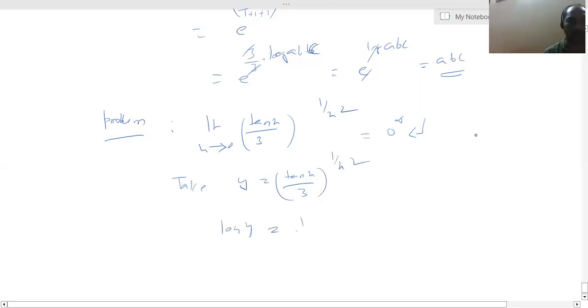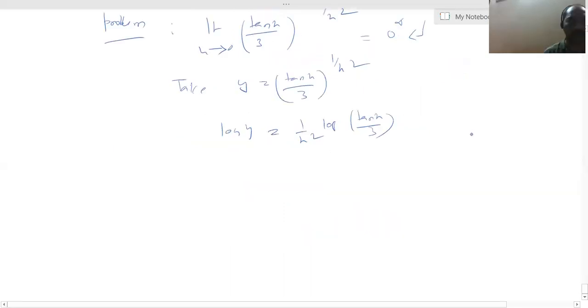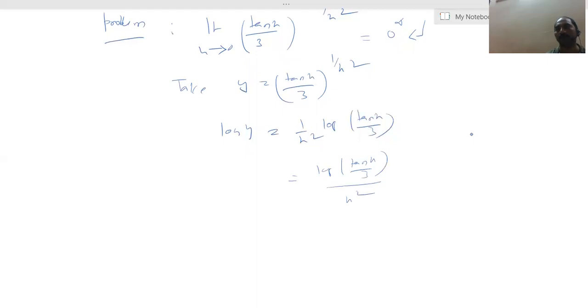Log y equal to 1 by x square times log of tan x by 3. Now substitute the limit value. We get log 0, and 1 by x square becomes infinity. Infinity into infinity is an indeterminate form. So convert this limit, or write it in the form log of tan x by 3 by x square.